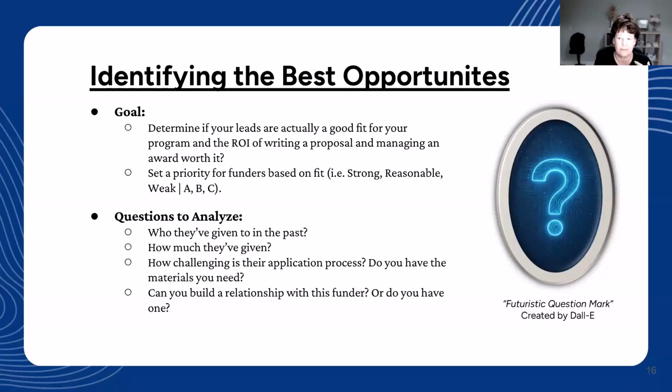Like you can have a list of A funders and B funders and C funders. You can make that work for your organization, of those where you fit in a lot of different areas. You fit geographically, you fit mission based, you fit target population. Whereas maybe a weak one would be something where you fit the geographic area, but you've never served that target population before. So that would be one that you wouldn't prioritize as a really high one.